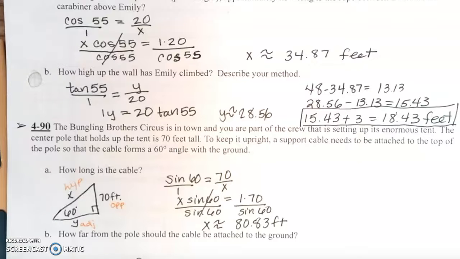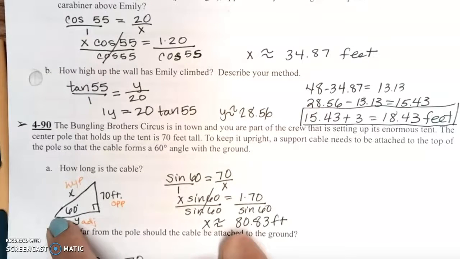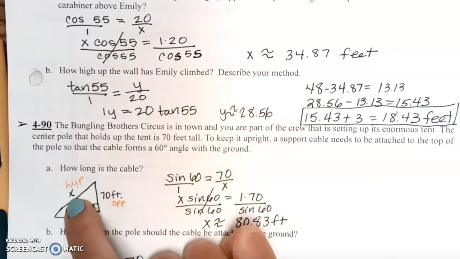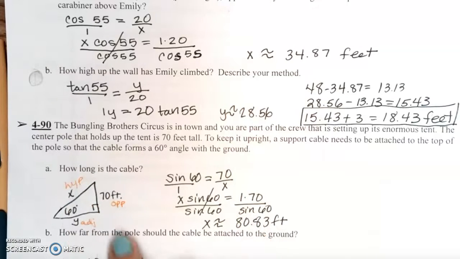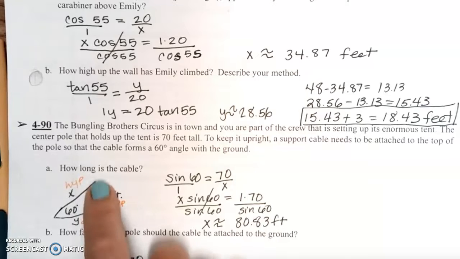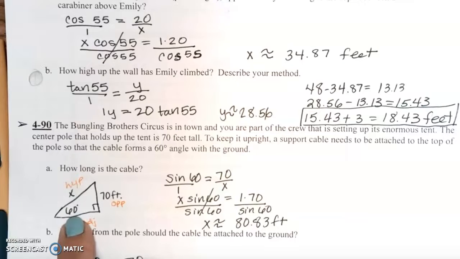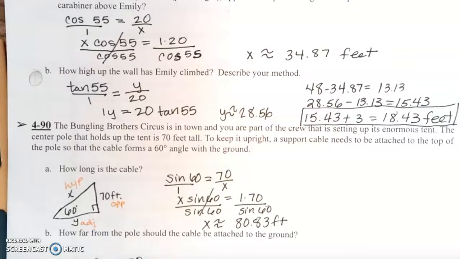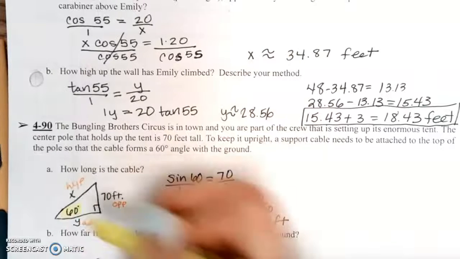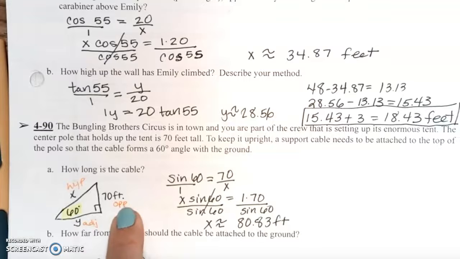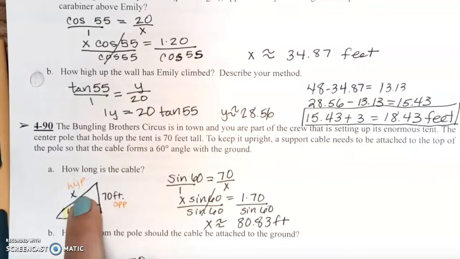Okay, so from the ground, the cable needs to go from here all the way up to here, and we need to know how long it is. So we're going to put an X there, but we do know that the pole going straight down is 70 feet. And we know that the angle is 60 degrees. So from that angle of 60 degrees, and let me highlight it, that angle, we've got the 70 feet, which is the opposite, and we've got the side we want to know, which is x.